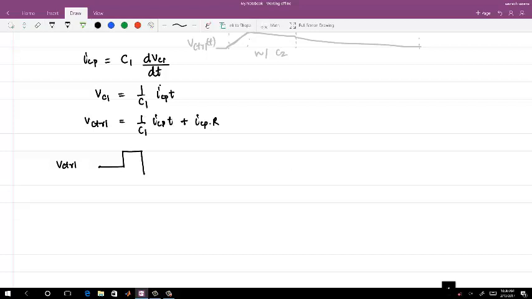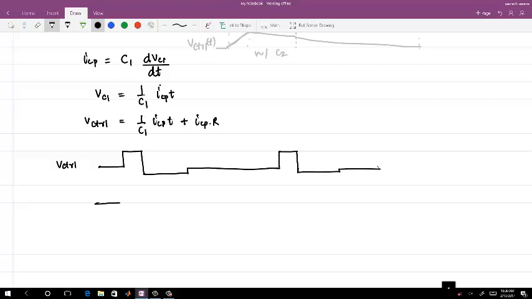Let me make it a little bit lesser. So this can actually be divided into two signals.